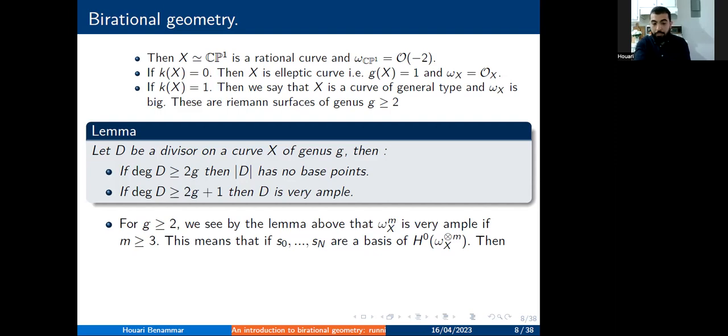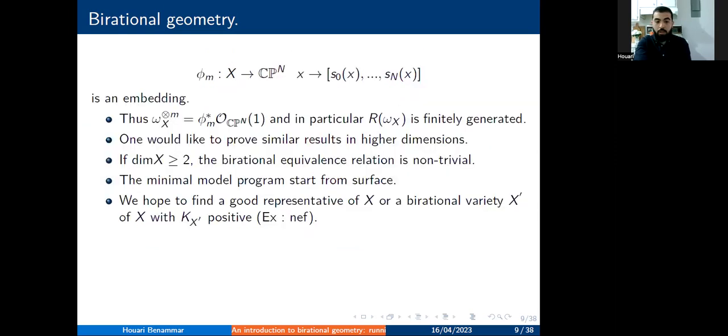Okay, so this means that if we take sections which are a basis of this vector space, which is the set of sections, then we have an embedding, and we can see that this line bundle omega_X twisted m times is exactly a pullback of O(1) of CP^N by this morphism.